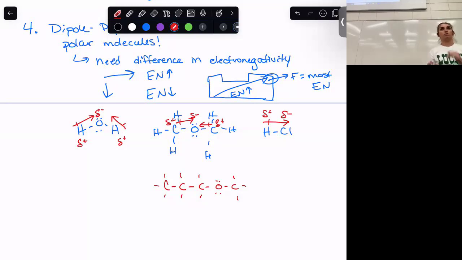When we talk about covalent bonds, hydrogen bonds and dipole-dipole interactions, these can be applied to both pure substances and also mixtures. If you have pure water, that will have dipole-dipole interactions and hydrogen bonding because water has both of those.